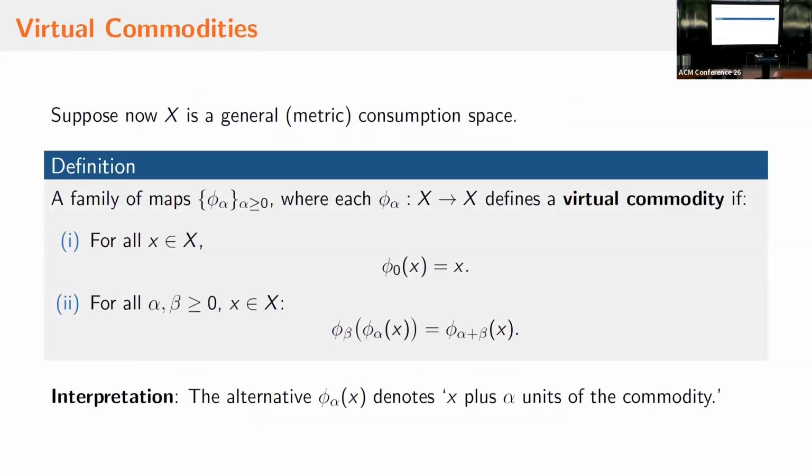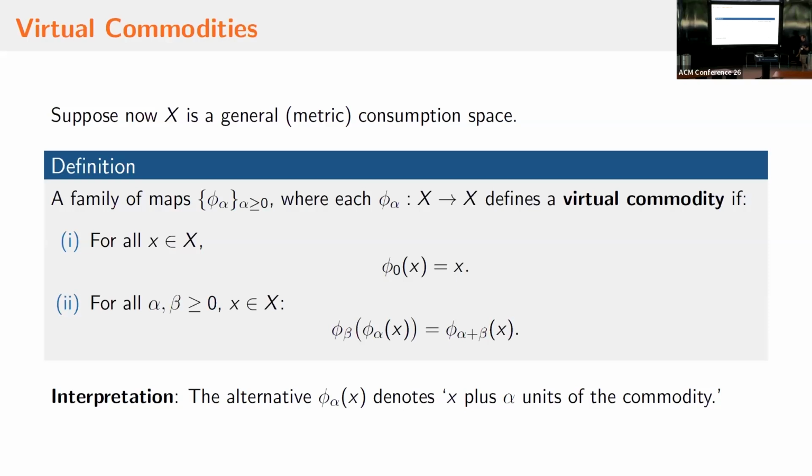So what the paper does is it introduces the concept of a virtual commodity. Let's suppose we're in full generality, and I have a general abstract metric consumption space X. A virtual commodity is just a family of maps, each taking X to X, indexed by some non-negative number.